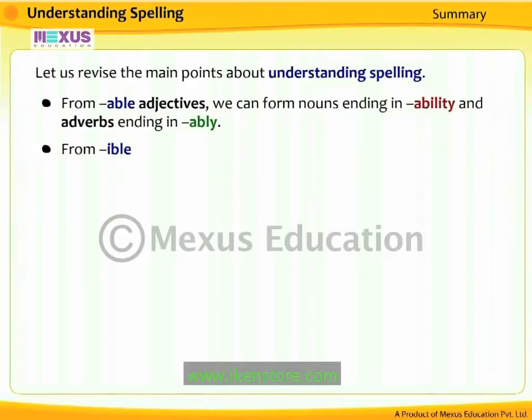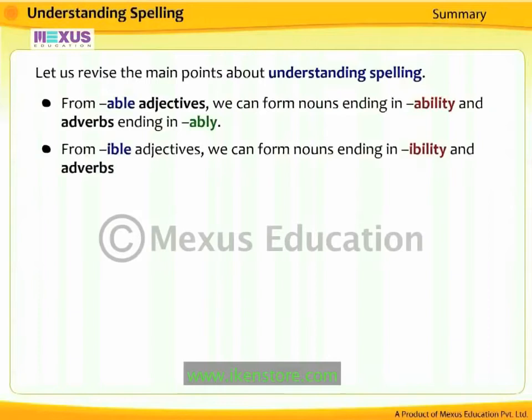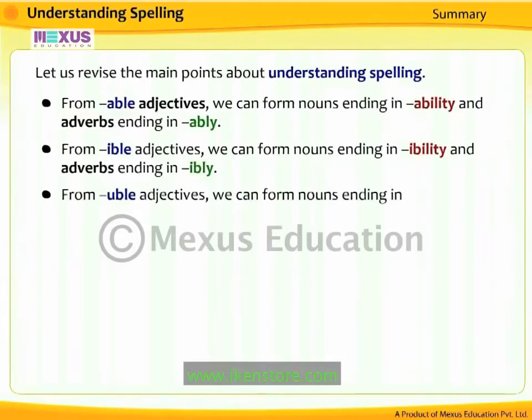From IBLE adjectives, we can form nouns ending in IBILITY and adverbs ending in IBLY. From UBLE adjectives, we can form nouns ending in UBILITY and adverbs ending in UBLY.